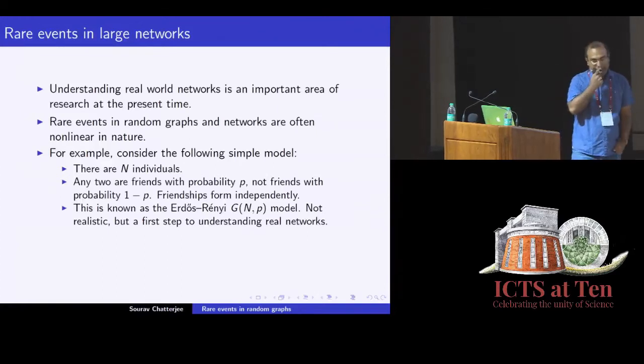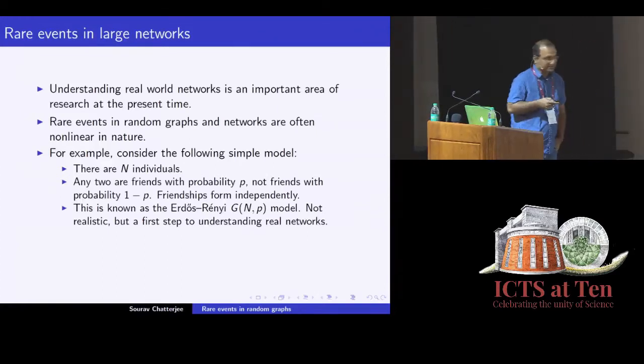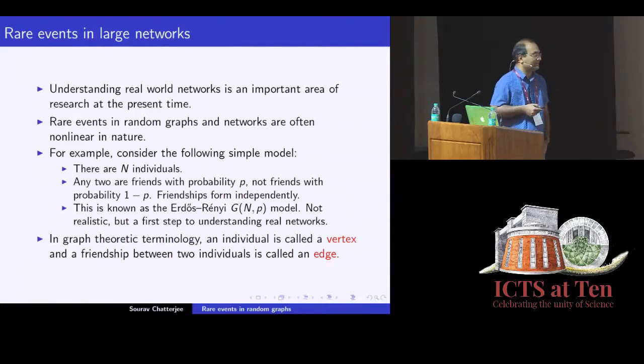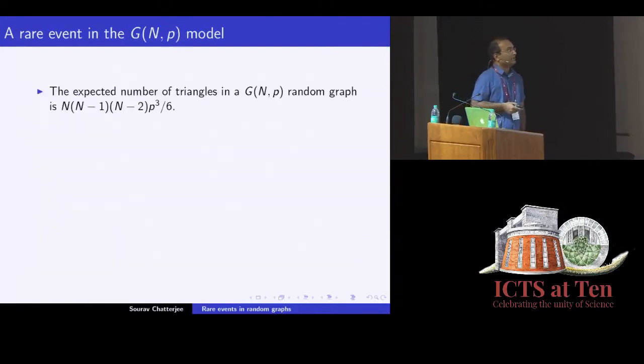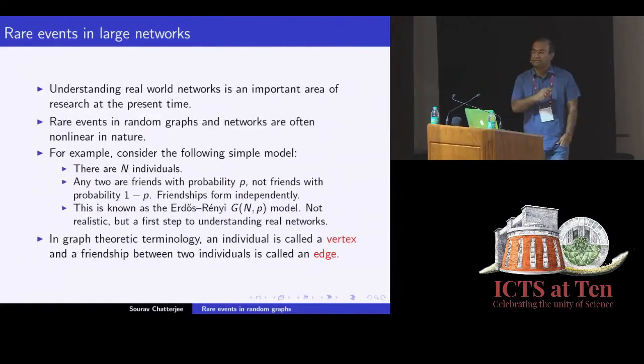So this is not a realistic model of networks, but it's a first step, and it's a nice mathematical structure. So in graph theory, these are vertices and edges. So these friendships are edges, and these individuals are vertices. Okay, so this is the Erdos-Renyi model on which I will build.